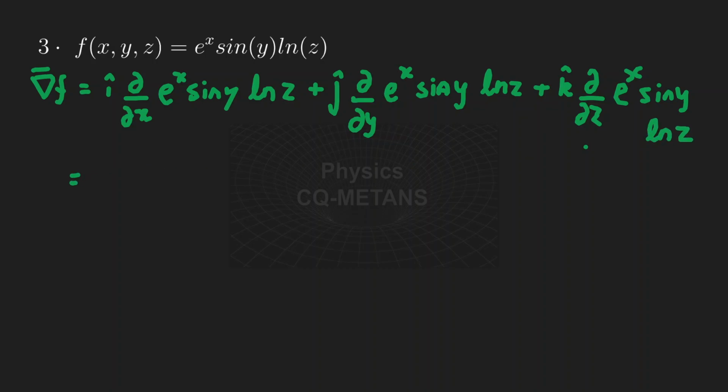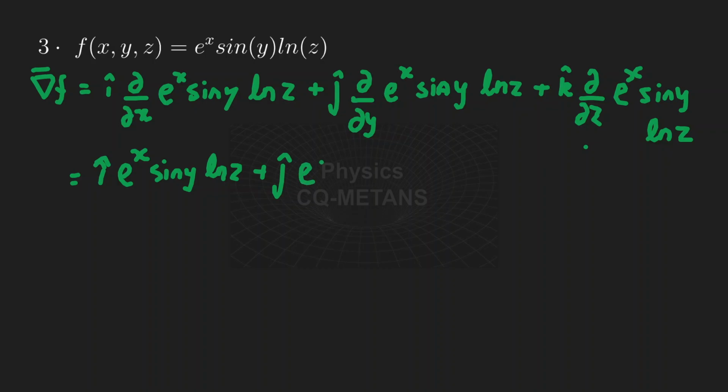If we differentiate, when we are differentiating with x, we will keep y and z constant, and so on. So we get i cap, e raised to x, since differentiation of e raised to x is just e raised to x, sin y ln z, plus j cap.